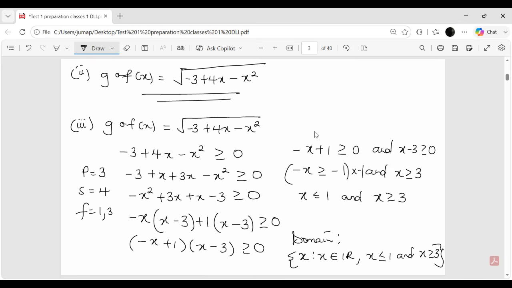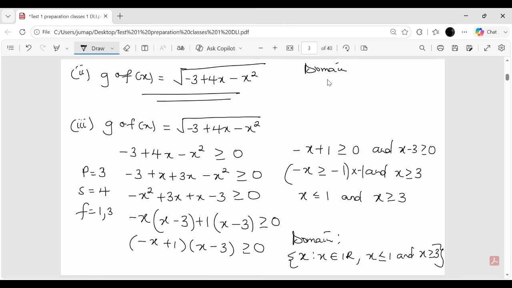Then if you're writing it in interval notation, you're going to say that the domain, you've seen that this one is saying that x is less than or equal to 1. Then this one is saying that x is greater or equal to 3, so there's a gap between 1 and 3.